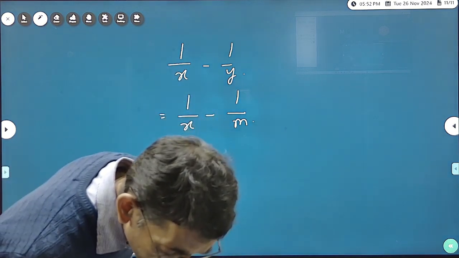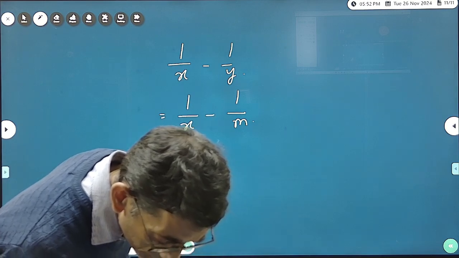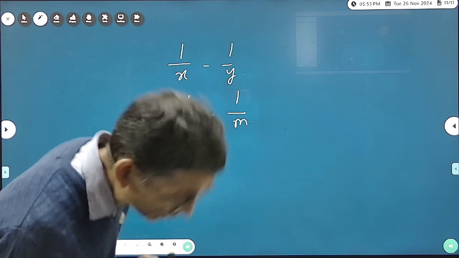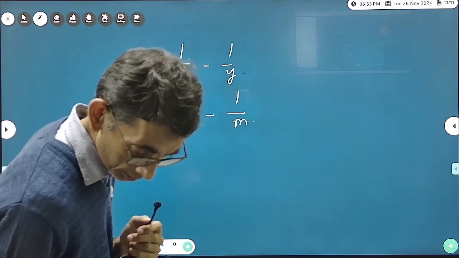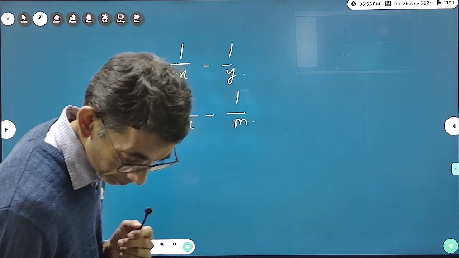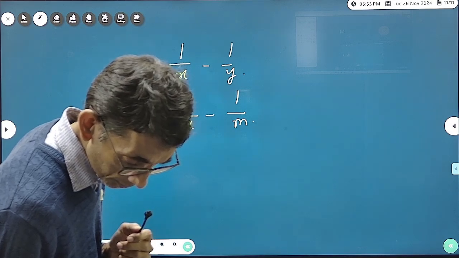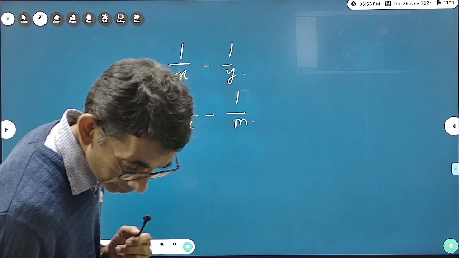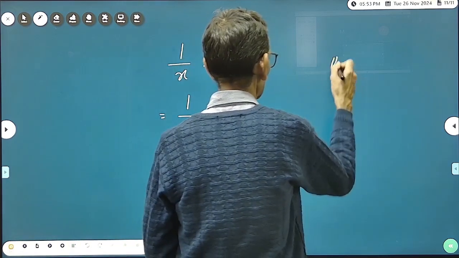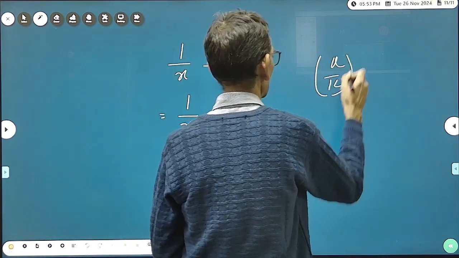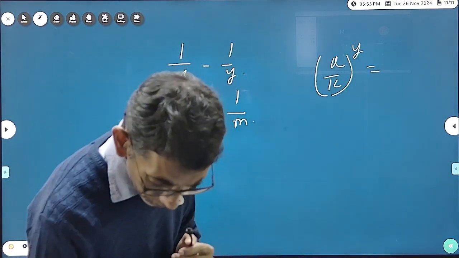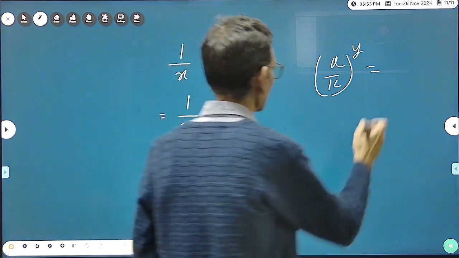We have to find the value of x. a to the power x is equal to k to the power m. Okay, k. y is equal to m. y is equal to k to the power m.